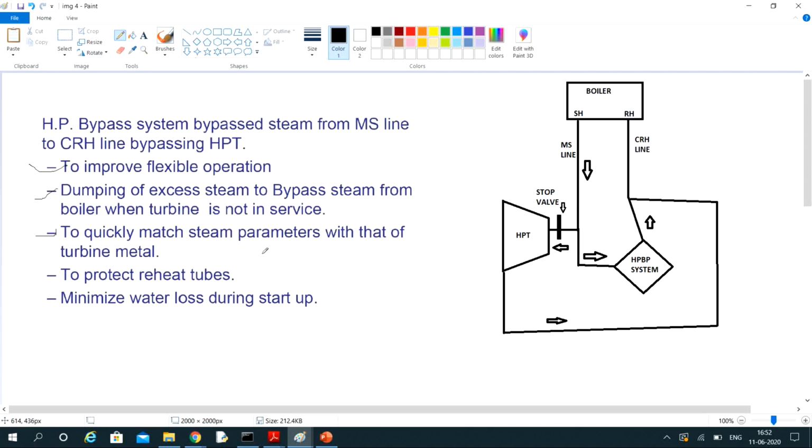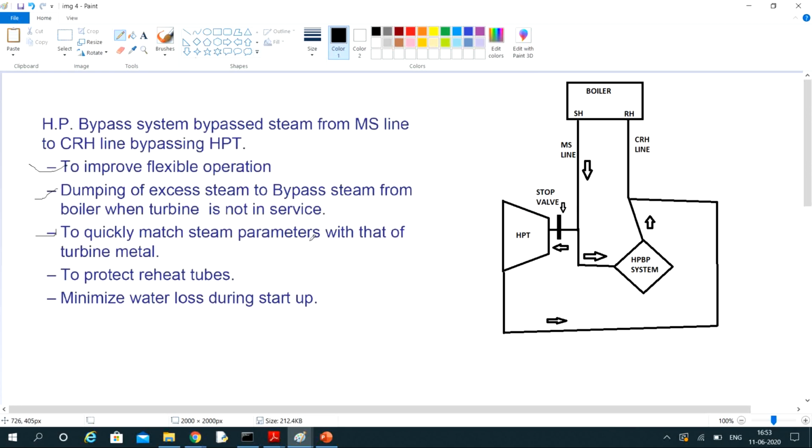The parameters of the steam include the pressure, the temperature, the silica content of the steam, and also other parameters. But these three are the main parameters, and these should be matched with the requirement of the turbine so that steam can enter the turbine to roll it.